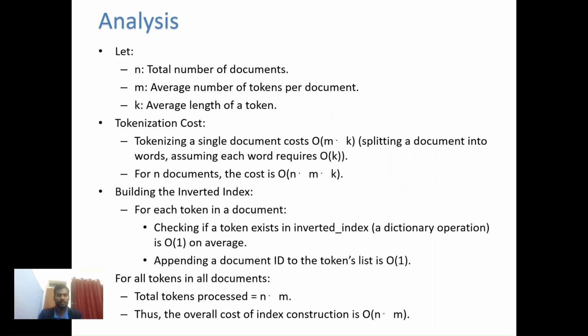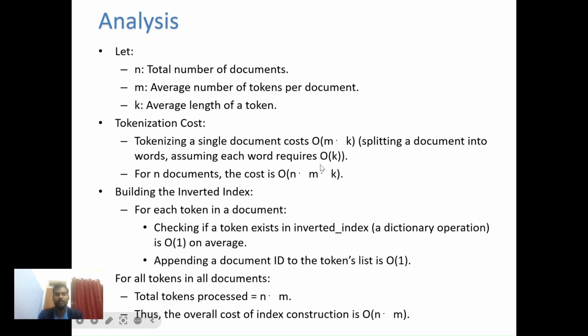So let's see the analysis of building the inverted index. Let n be the total number of documents, m the average number of tokens per document, and k the average length of a token. So let's first see the tokenization cost.